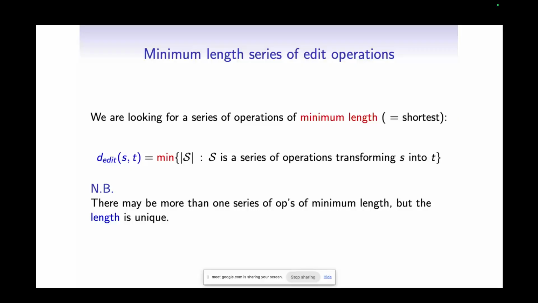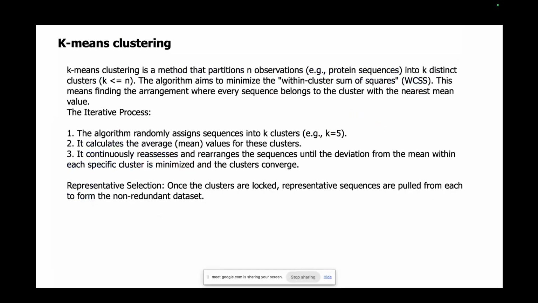In terms of edit distance, there can be many ways to edit one sequence to get the other, but what we are trying to do is find the minimum number of edits that is required. So that is what is defined here: it is the minimum over S, where S is a series of operations which transforms S into T. So yeah, this is fine.